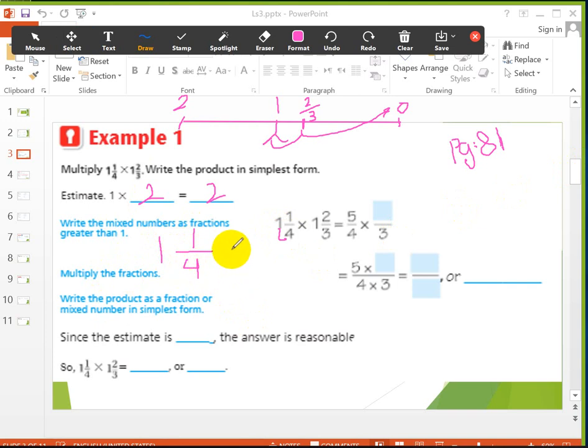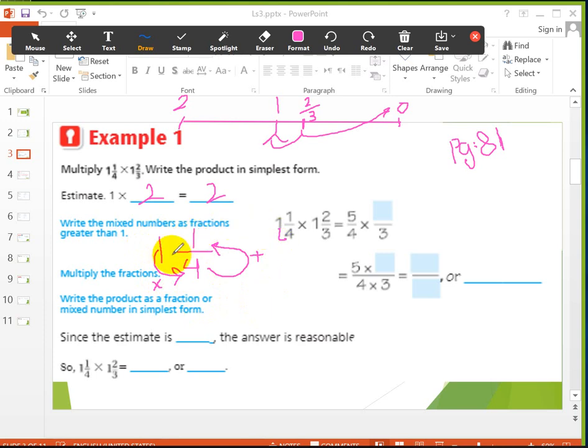If I want to write it as a fraction, I have to take the whole, multiply it with the denominator, right? Then I will take the answer and add it to the numerator. You remember this strategy? This strategy was in grade 5, I think. You have to multiply the whole with the denominator and add the answer to the numerator.